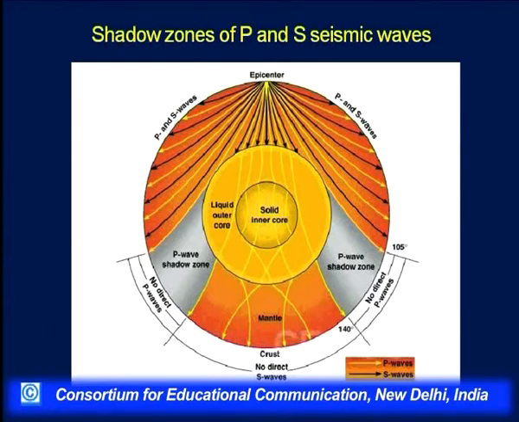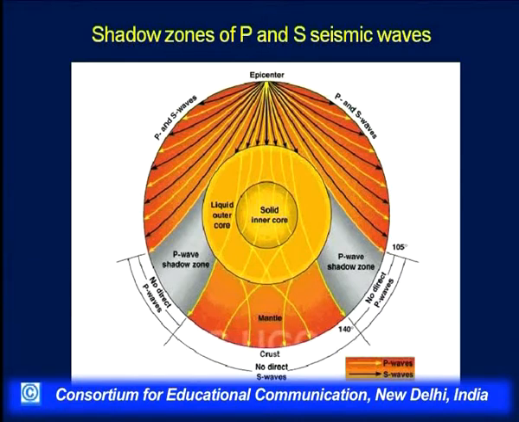Primary and secondary waves, that is P and S waves, can be seen moving in all directions till they reach the core. In the core, we can see there are clear-cut two parts, that is the solid inner core and the liquid outer core.